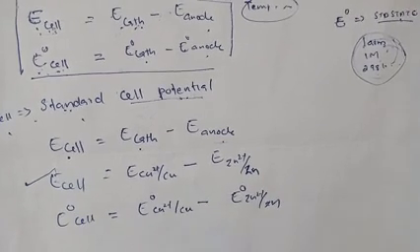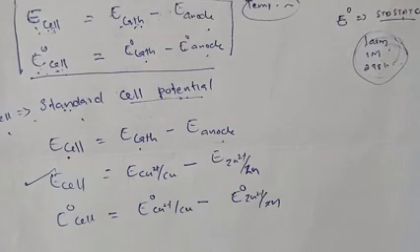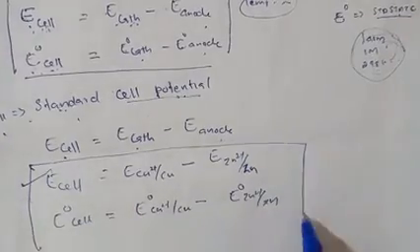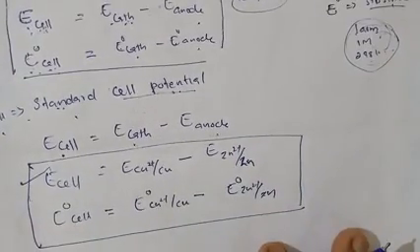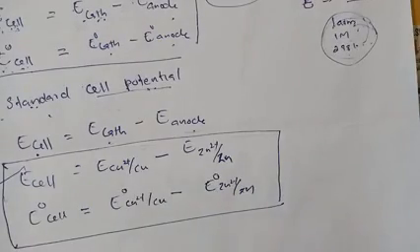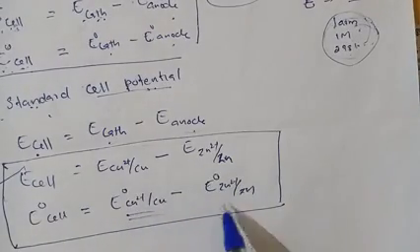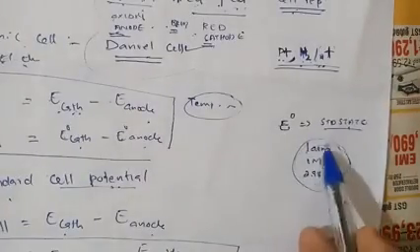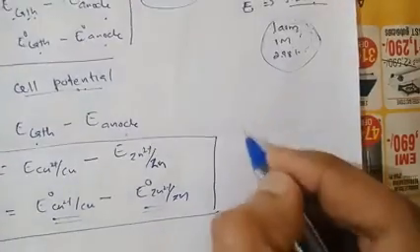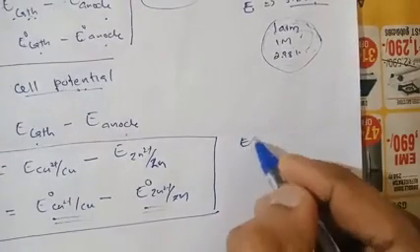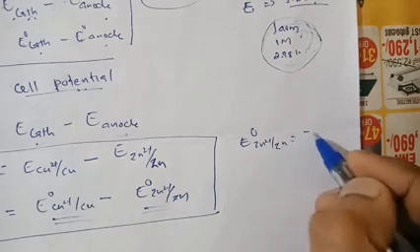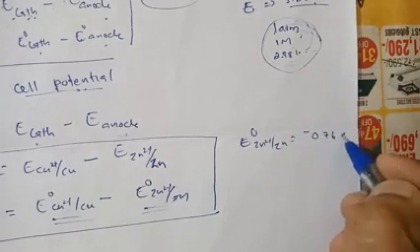Now you should be able to write E cell values for this one. So how can we calculate these values? In the standard conditions, values will be constant because the condition is already fixed. So at this condition, the value of E0 Zn2 plus bar Zn is equal to minus 0.76 electron volt.